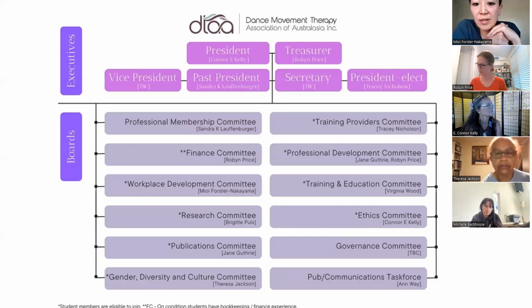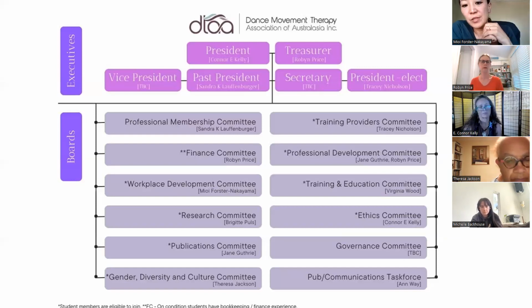We also have the finance committee, headed by Robin, and the workplace development committee, headed by me. In this committee we work to make the DTAA visible in the social and political context. Then we have the research committee.